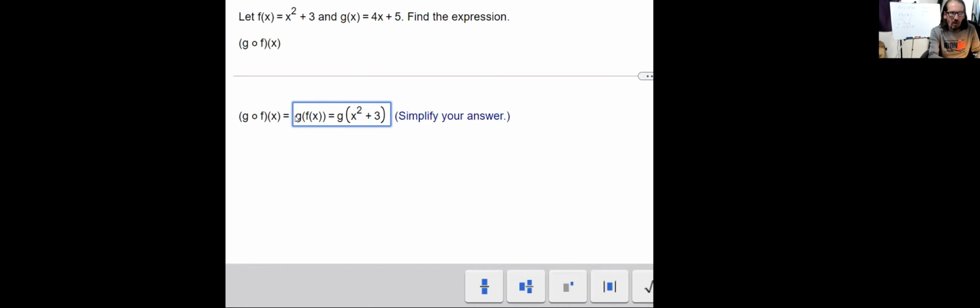Wherever we saw X before in the formula for G, it's going to get replaced with an X squared plus 3. So the 4X becomes 4 times the quantity in parentheses, X squared plus 3. And notice it says to simplify the answer. So I'll distribute the 4.